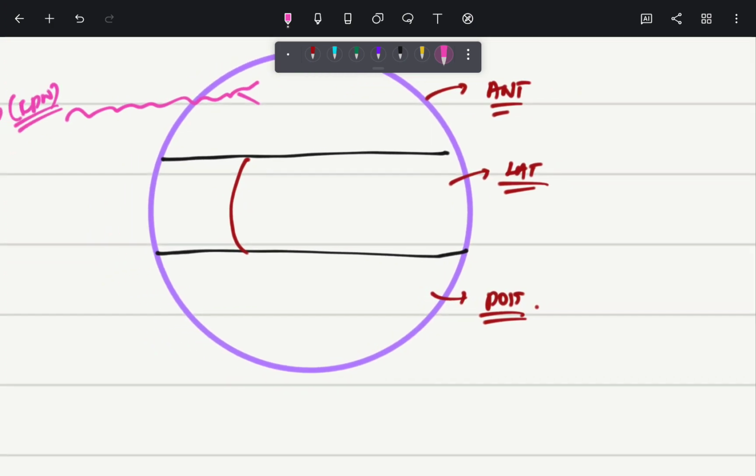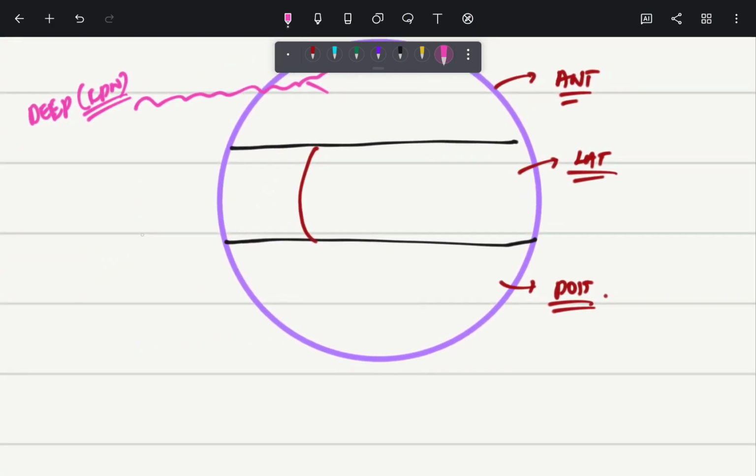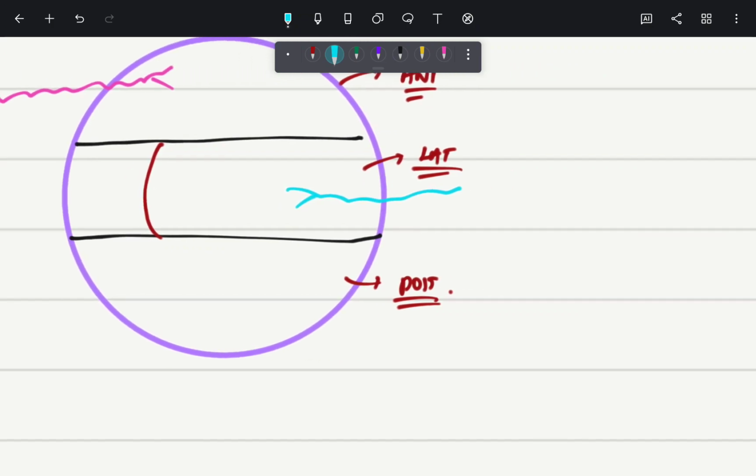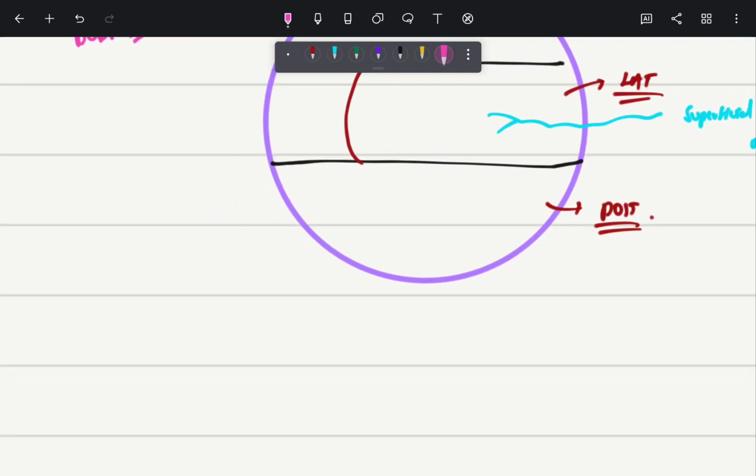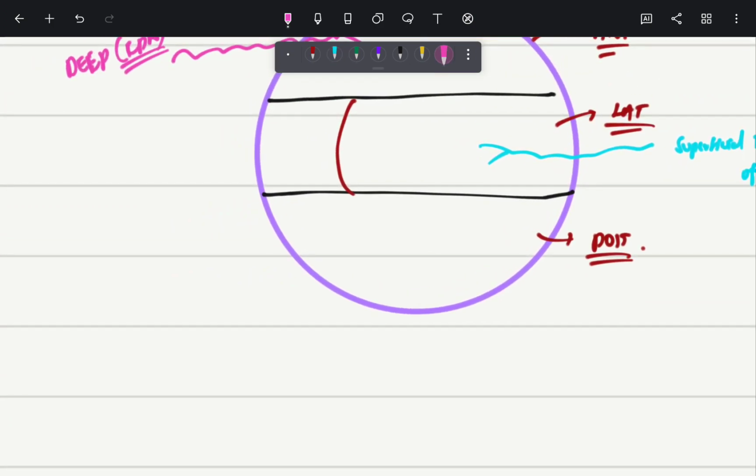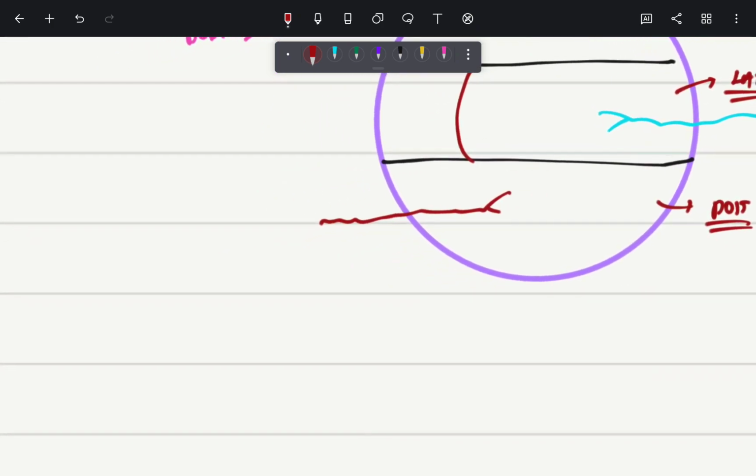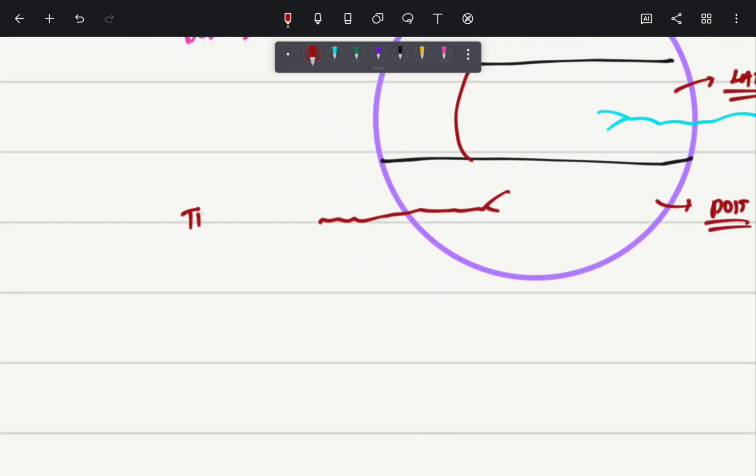And in the lateral compartment, the nerve supply was your superficial branch of the common peroneal nerve. And in the posterior part we have the tibial nerve.